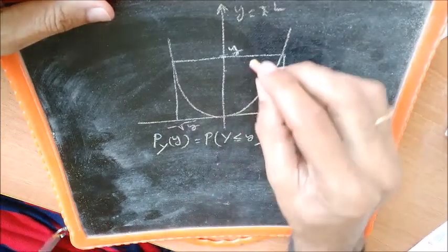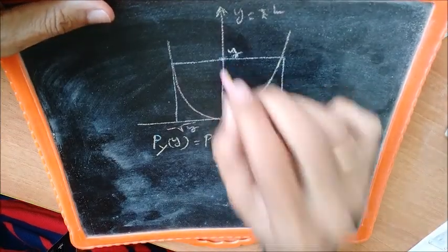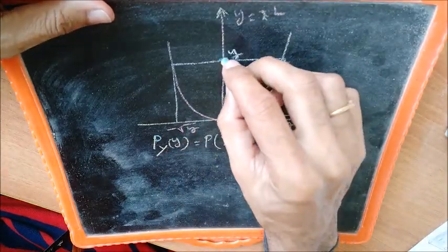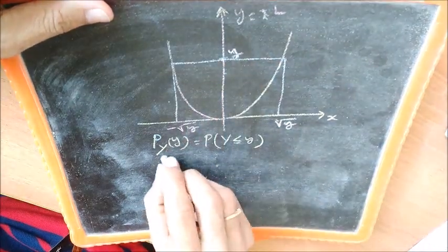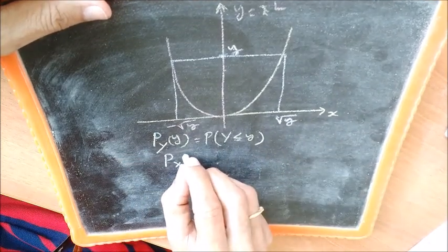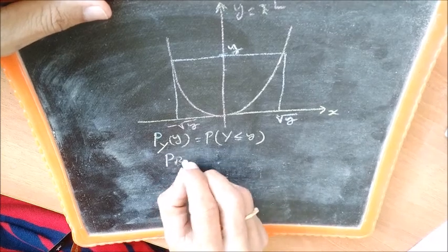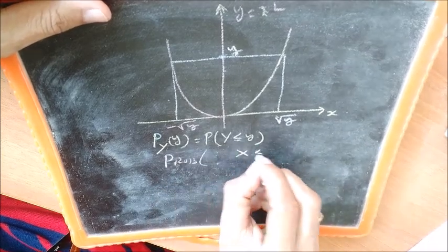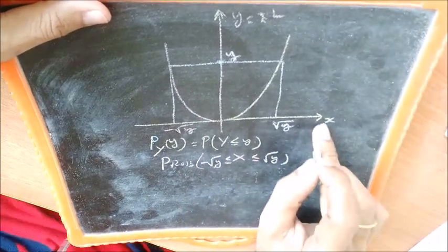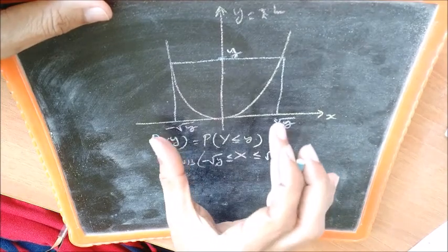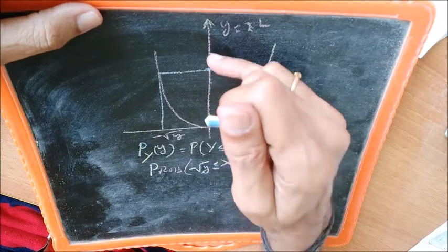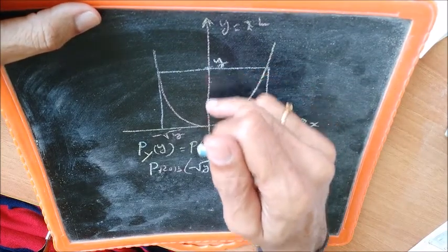So now probability of the random variable y being less than or equal to small y is the same as the probability that the random variable x is in this interval, because whenever x takes a value which is between minus root y and root y, the random variable y is always having a value less than this.